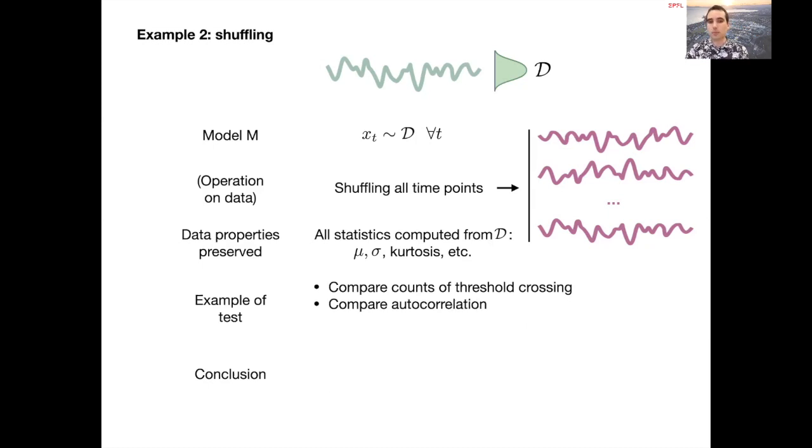You could directly compare the autocorrelation structure, etc. But again, nothing involving D, because otherwise this would be by construction the same in original and surrogate data.